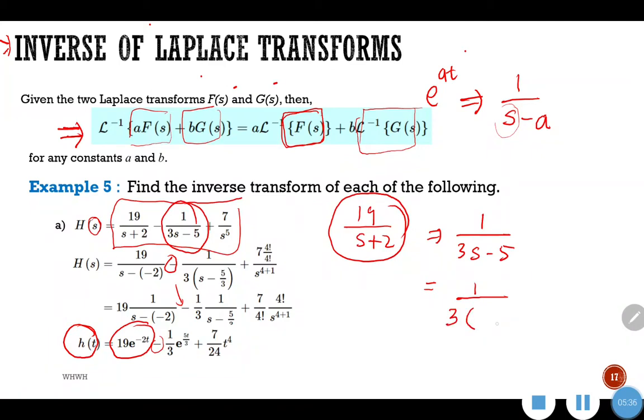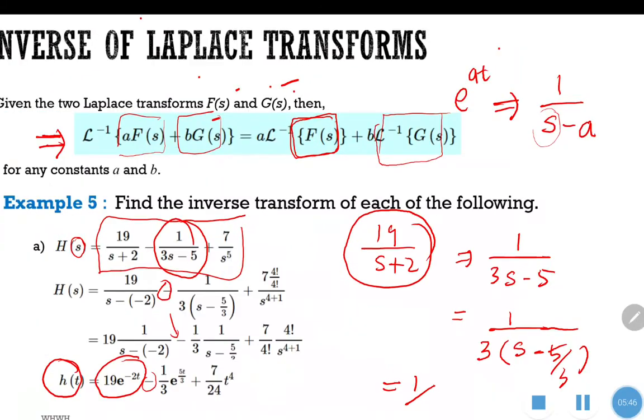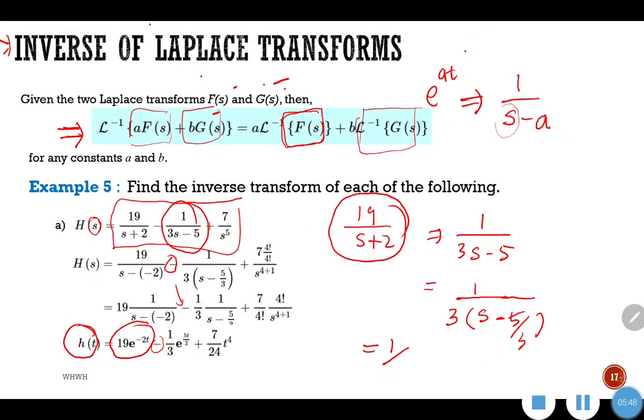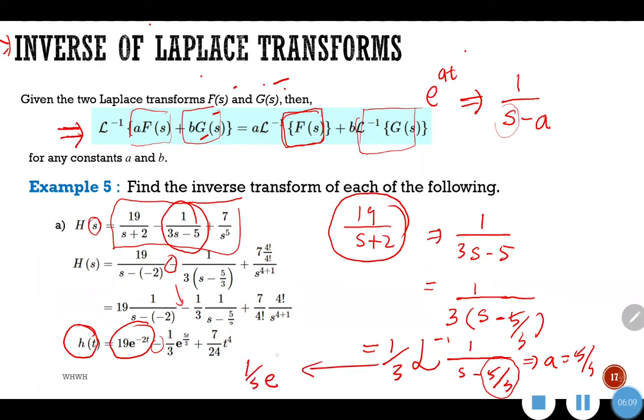So what you have is s minus 5 over 3. Tu je pun. Then 1 over 3 ni jadi apa? 1 over 3. 3 ni asingkan lah. Maknanya you are to find the Laplace transform only for 1 over s minus 5 over 3. So dari sini kita tahu kita punya a adalah equals to 5 over 3, right? So daripada sini maknanya jawapan dia adalah 1 over 3 e to the power of 5 over 3 t.